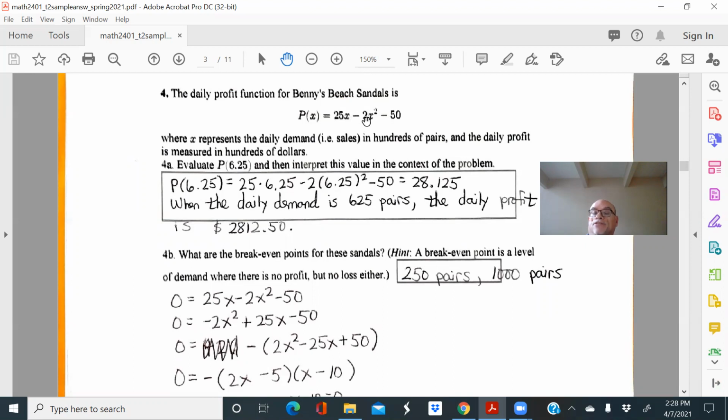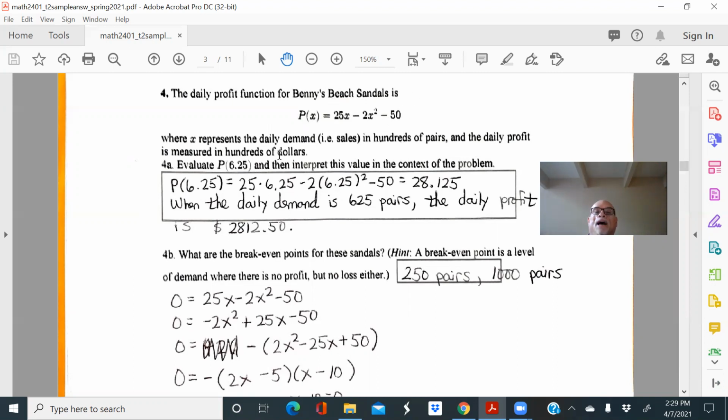In this case, x is measured in hundreds of pairs of sandals. So if you sell x hundred pairs of sandals, then you can use this function to determine what the profit, not the revenue, but the profit, is going to be in hundreds of dollars from the sale of those sandals. So this is called a profit function, and these are quite common in business and economics.